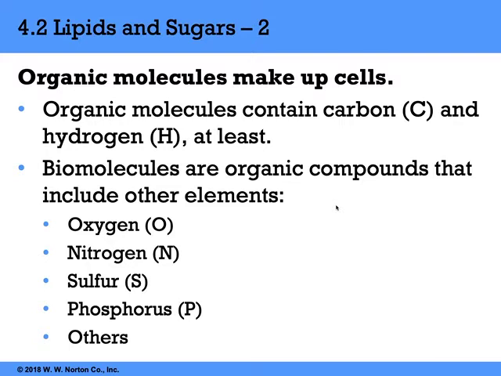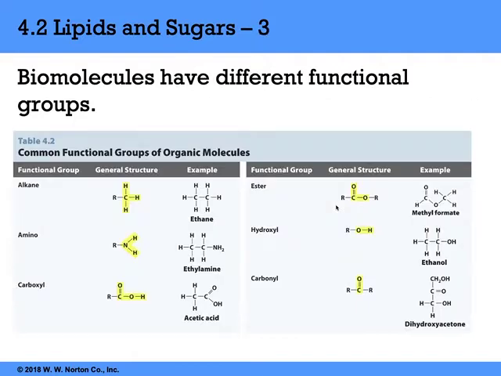If we look at some different organic compounds, you can see here that these lines indicate covalent bonds, which are shared pairs of electrons between the two elements. You can see some examples here of some organic compounds. Ethane, right? 2 carbons and hydrogens bound to the rest.